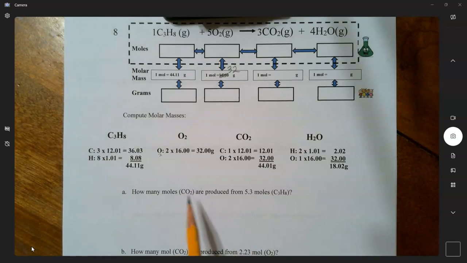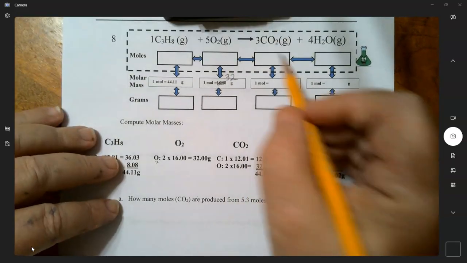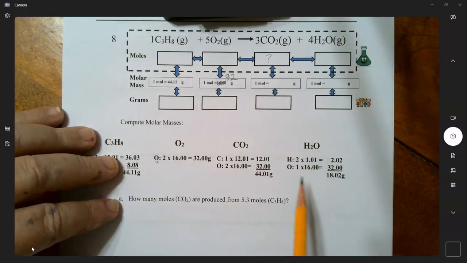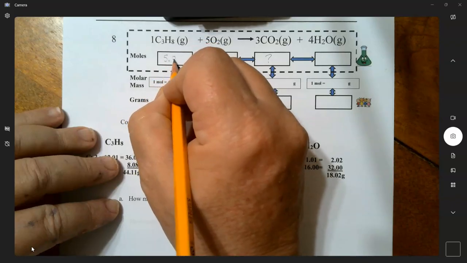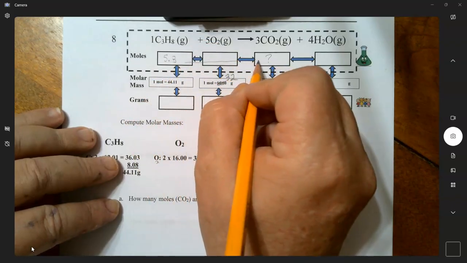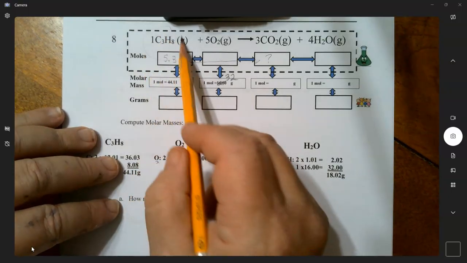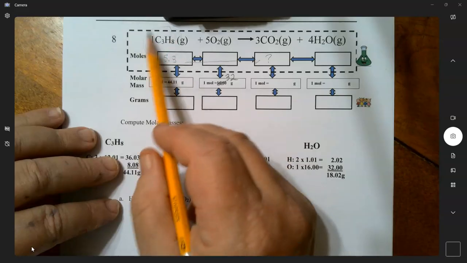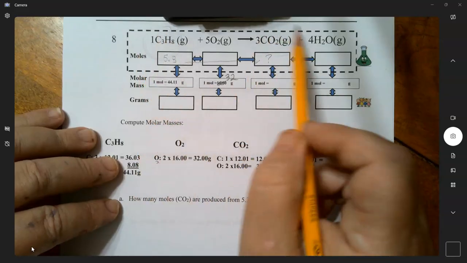Okay, so moles of CO2 is what we're trying to get to. And that's right here. And we're starting with 5.3 moles of C3H8, so we put that here. And that's just a simple single conversion, going from here to here. So you get the equivalency out of the chemical equation: 1 mole C3H8 equals 3 moles of CO2.